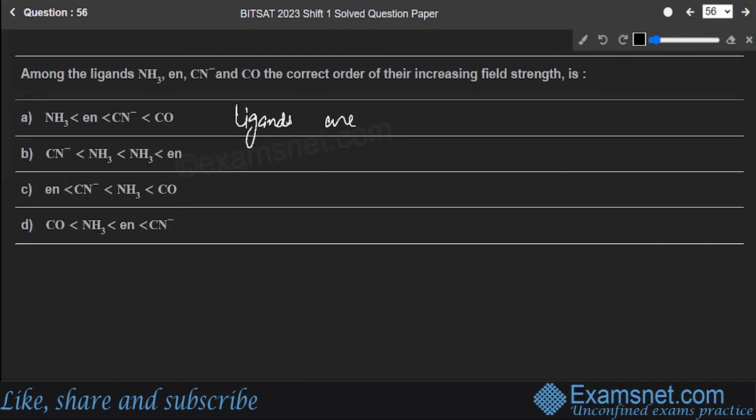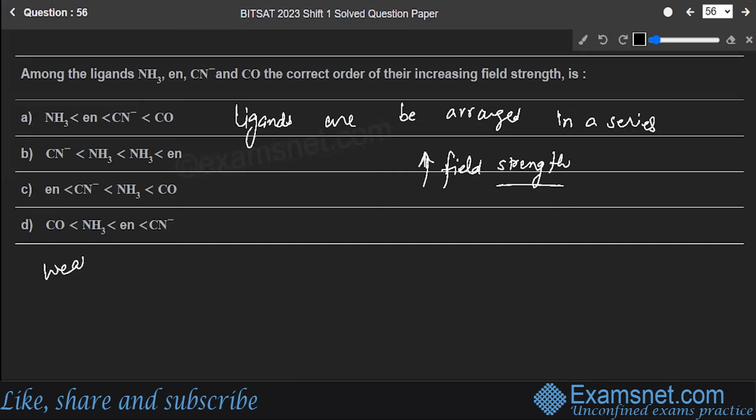The ligands can be arranged in a series based on the order of increasing field strength as given below.